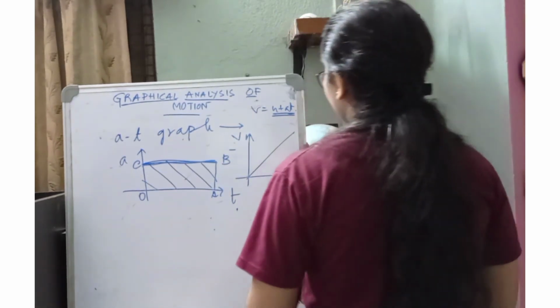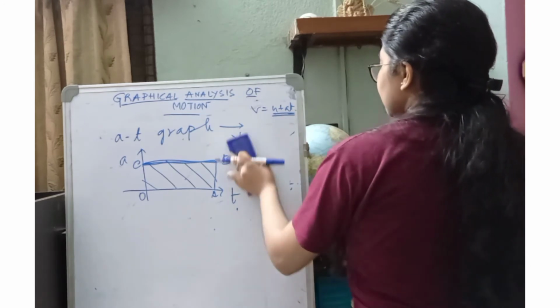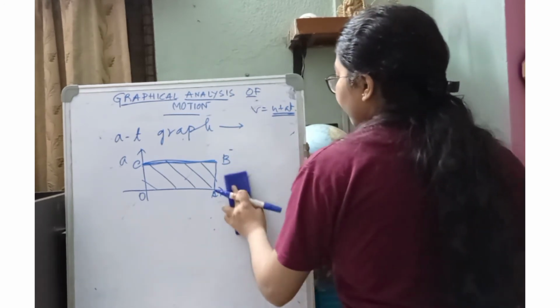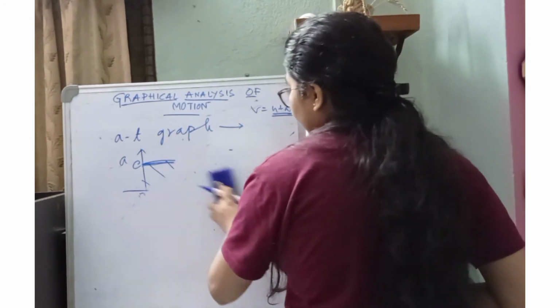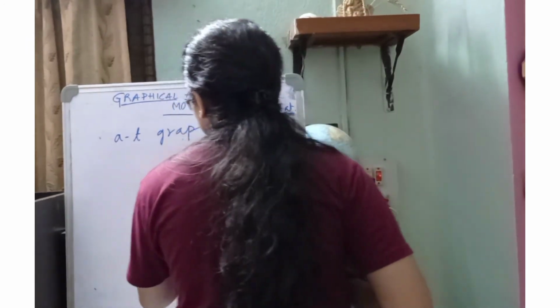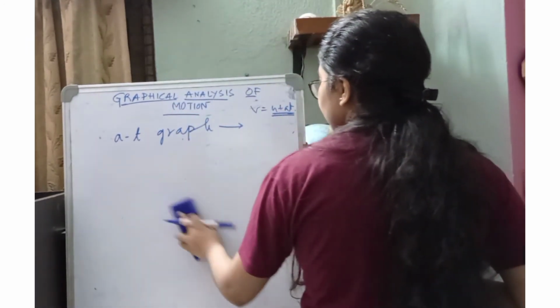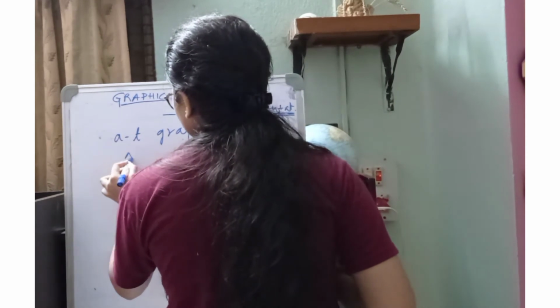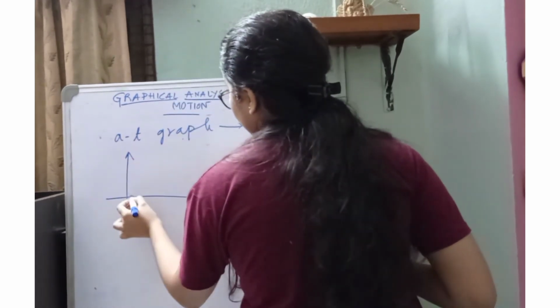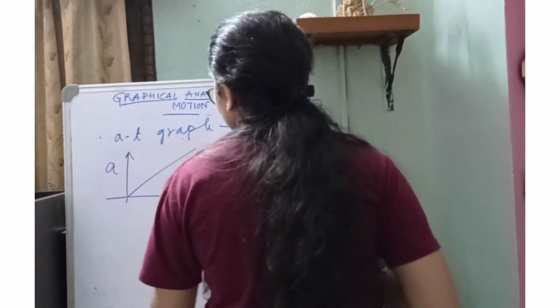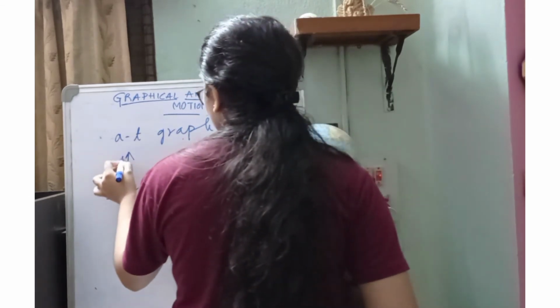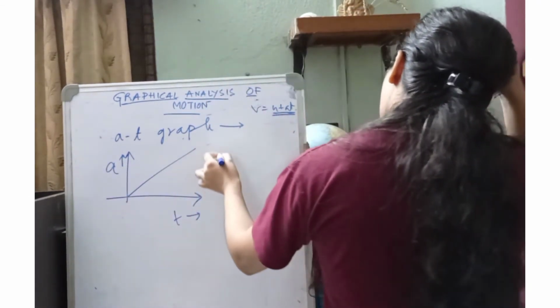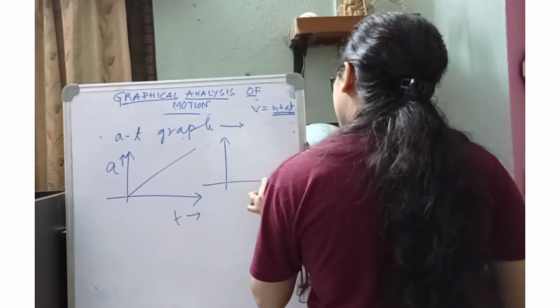But now if it is given that the AT curve looks like this, acceleration is constantly increasing with respect to time, then how will the VT curve look?